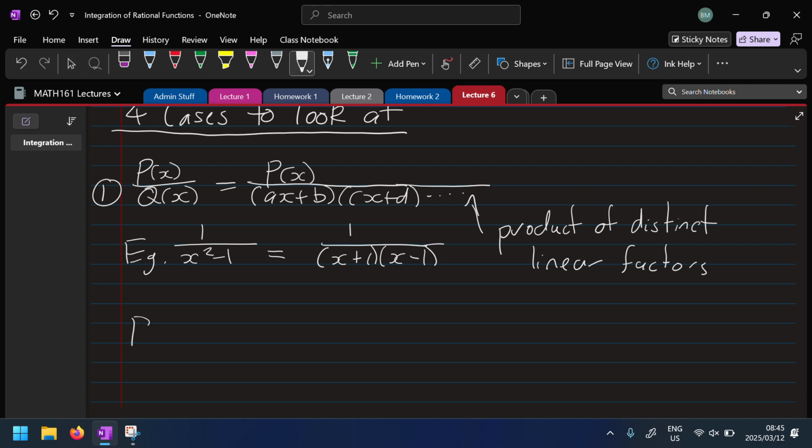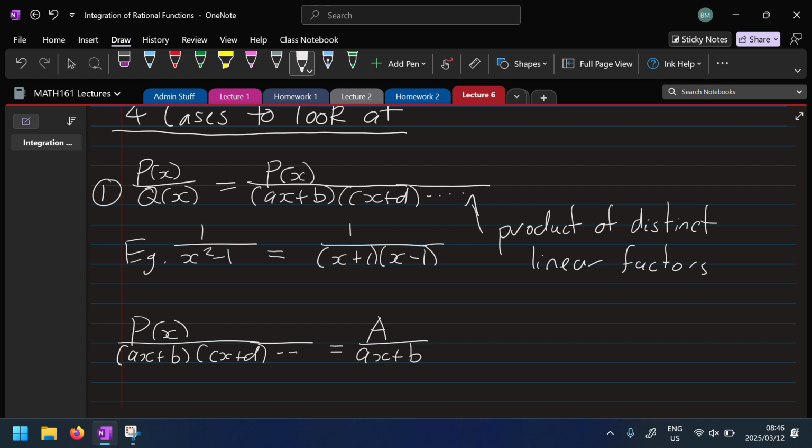Given p of x over ax plus b, cx plus d, and so on, what we're going to do is split this up into a number of terms, and each one is much simpler than what's given. So this is going to be equal to some number A over the first factor.